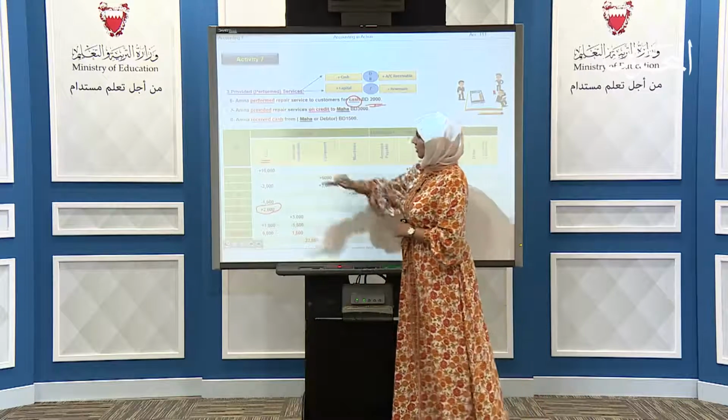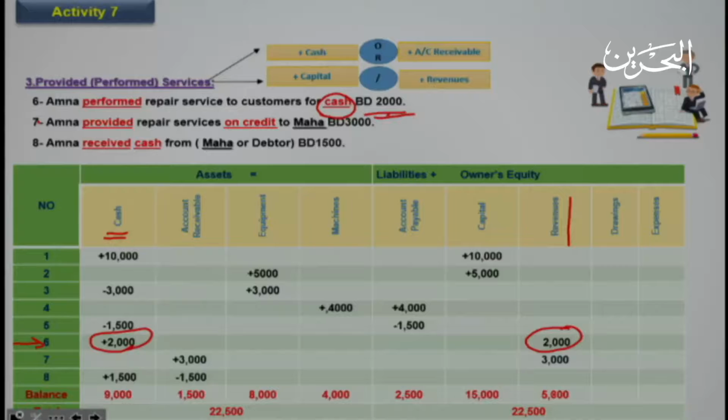Moving to the next transaction, Amna provided repair service on credit to Maha for 3,000. If I provide a service, I will gain revenue. So, coming to the owner's equity section, under revenue, I gain 3,000.